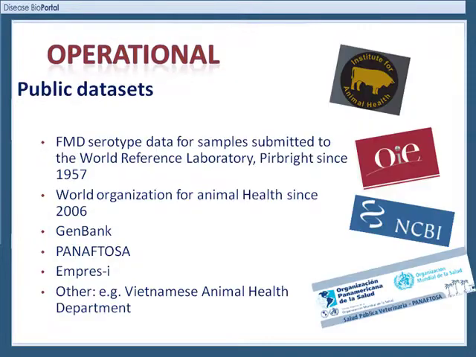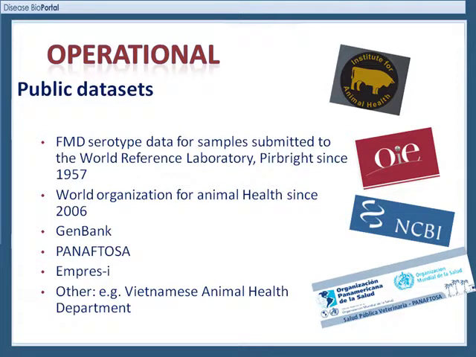The public databases that you can find: this project was originally designed for FMD, and since the platform was constructed and was useful for other diseases, we expanded the scope, and now more diseases are incorporated in the bioportal. You have the OIE weekly and country incidence reports, which are updated constantly.